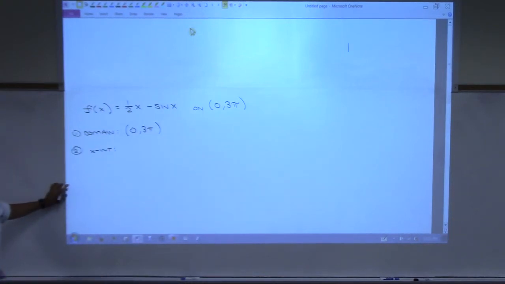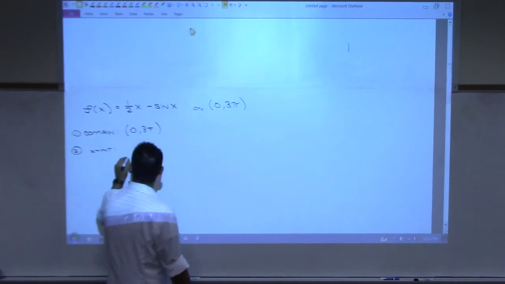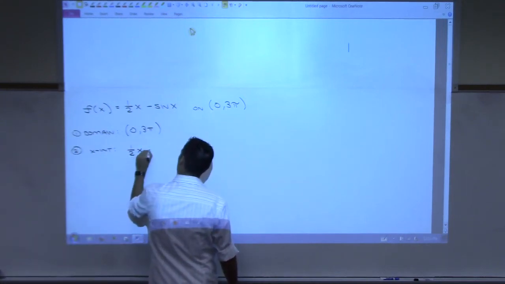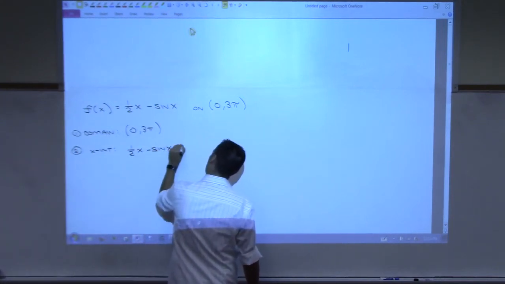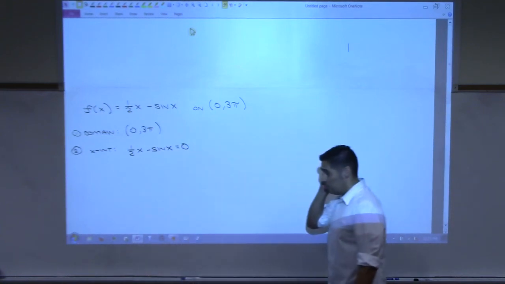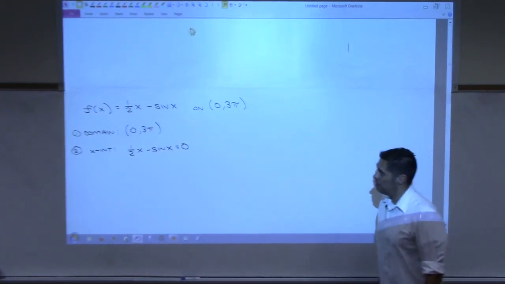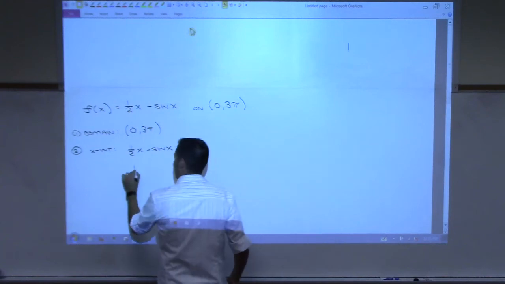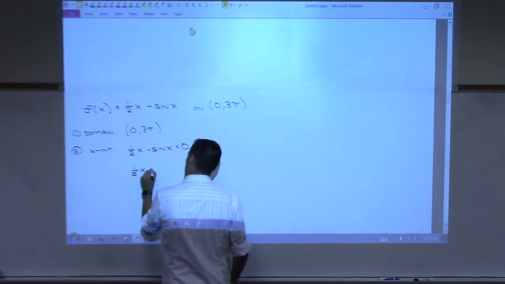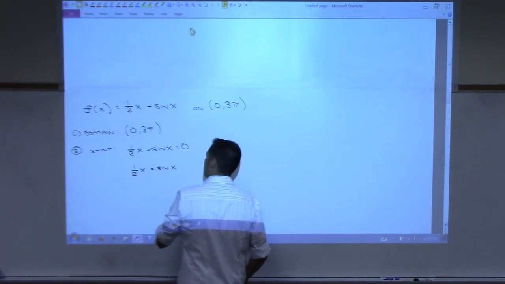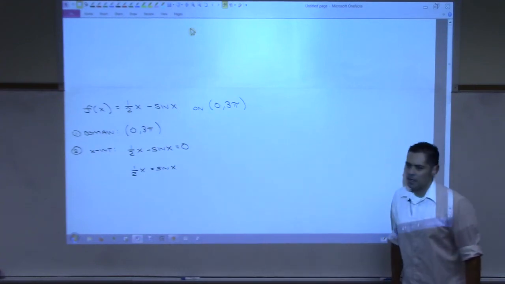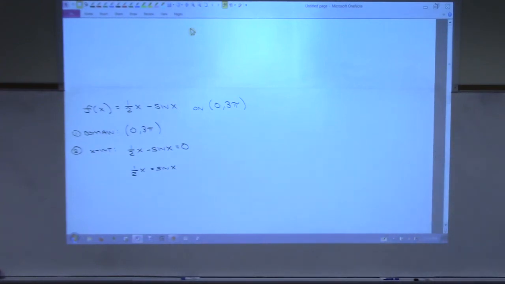Can you find any x-intercepts? You have to set the function to 0, right? Ooh, that doesn't look good. 1/2 x equals sine x. Can anybody just give me a solution by what we call inspection?